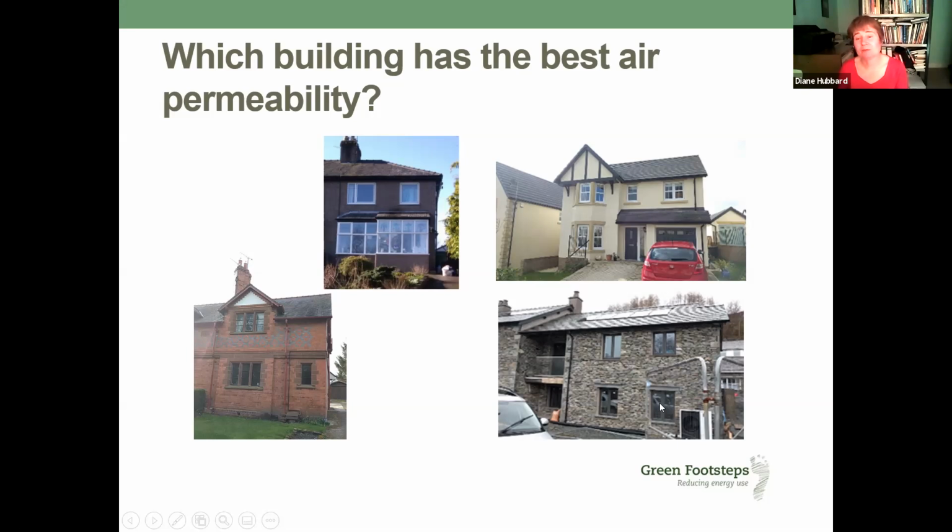It's block built cavity wall construction that's stone clad. And the one in the bottom left is a 19th century cottage, a semi, and it's in an unrefurbished state. So the question I would like to ask you is, which of these do you think has the best air permeability?